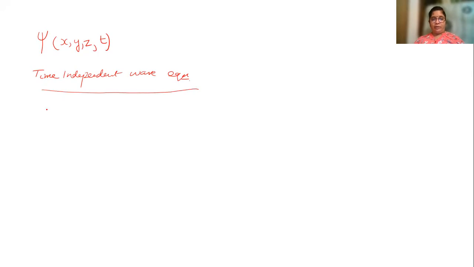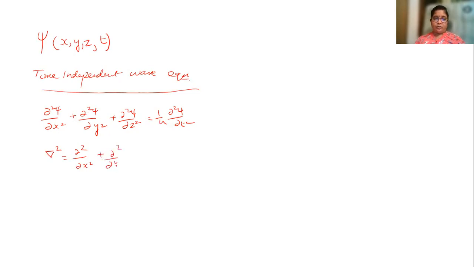So we shall start with the wave equation wherein we write del square psi by dou x square plus dou square psi by dou y square plus dou square psi by dou z square is equal to 1 by u square dou square psi by dou t square. I shall just rewrite it. Now you can write del square equal to dou square by dou x square plus dou square by dou y square plus dou square by dou z square.